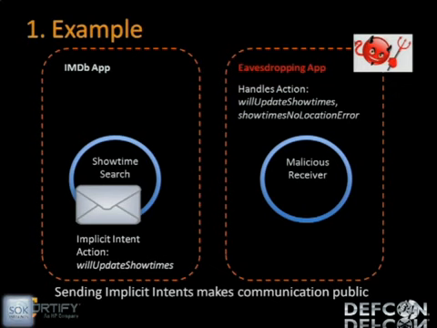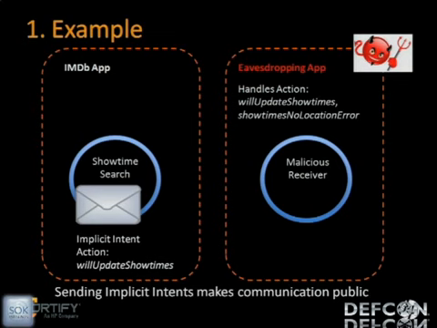So all a malicious application needs to do is register another component, say that it can handle the same actions as the legitimate receiving component, and then when this intent is sent implicitly, the system may deliver the intent to the eavesdropping application.